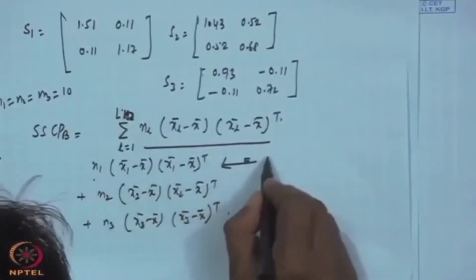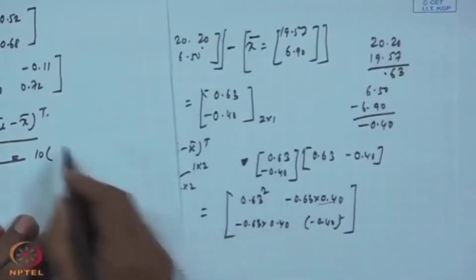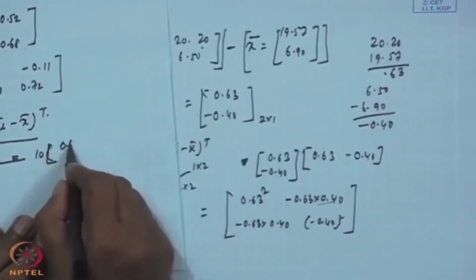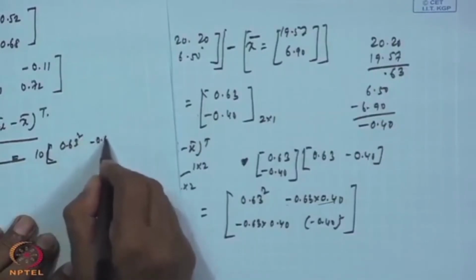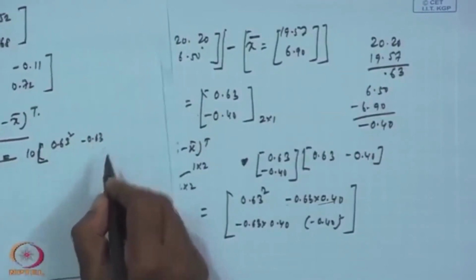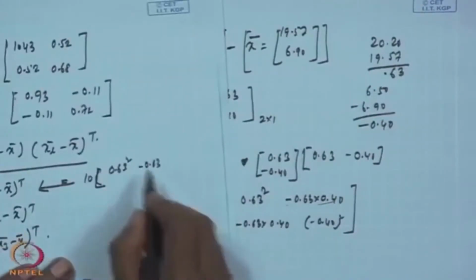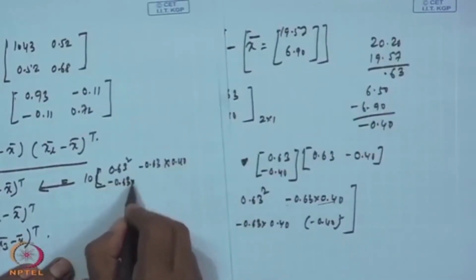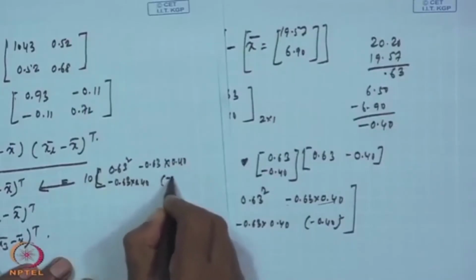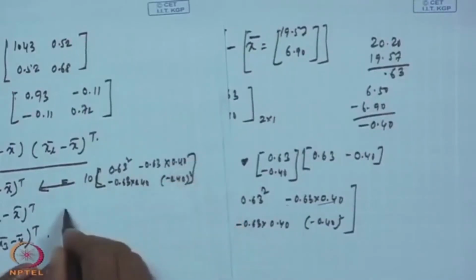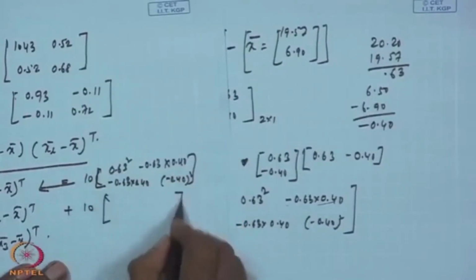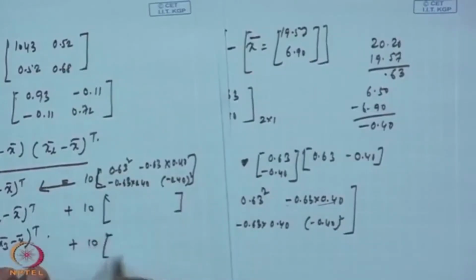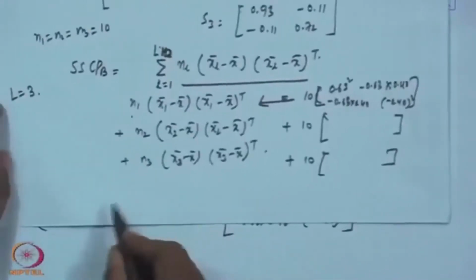So, this quantity will be 10 into, we have already found out the value, 0.63 square, minus 0.63 into 0.40, minus 0.63 into 0.40, 0.40 square, plus 10 into whatever matrix value you get, plus 10 into this.